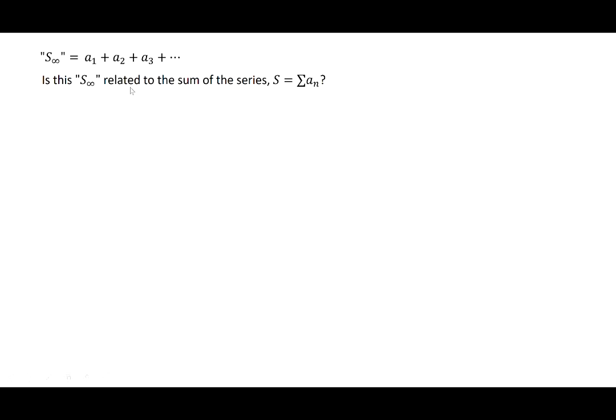Is this S sub infinity related to the sum of the series S equals sigma A sub n, which is A sub 1 plus A sub 2 plus A sub 3 plus ...? Yeah, S sub infinity is nothing but the whole series, right? S sub infinity is equal to S, which is the sum of the infinite series.